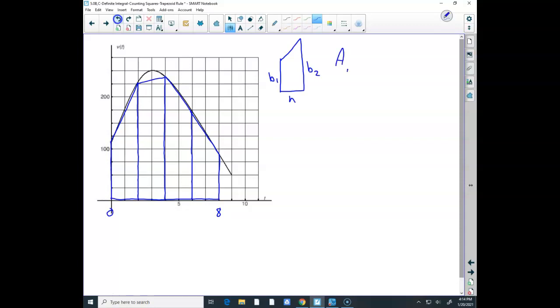And the area of a trapezoid equals 1/2 times the height times base 1 plus base 2. I don't know if you remember that or not. That's a formula that I don't know that the AP board would possibly give you, but we're going to use trapezoids a lot, so they're probably going to expect you to know that.